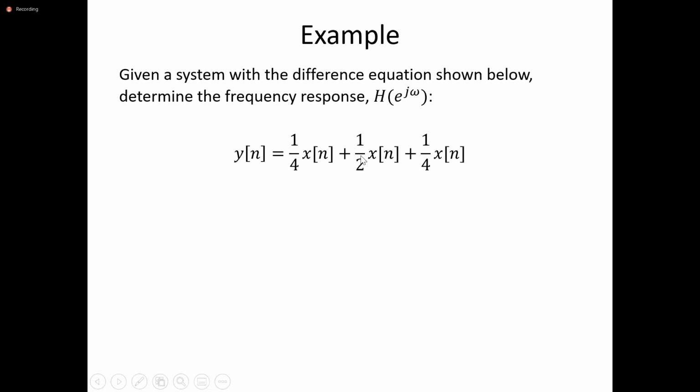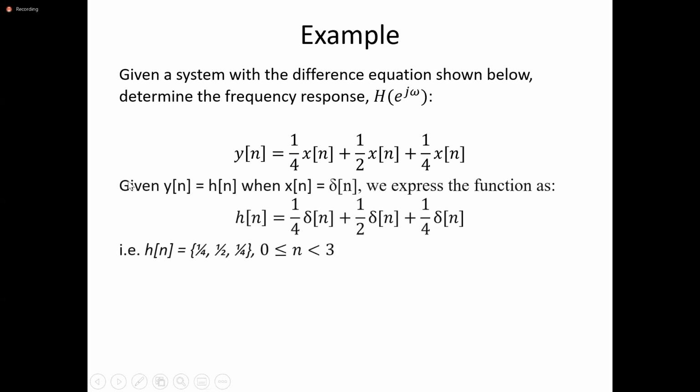Our input is x of n, and these are the coefficients of our system. I should really have included a little diagram of what that system looks like, but anyway. So we want to determine the frequency response. Again, we're going to use this very useful identity.